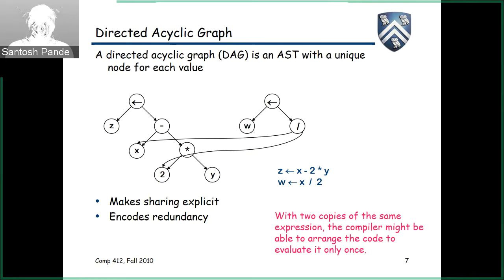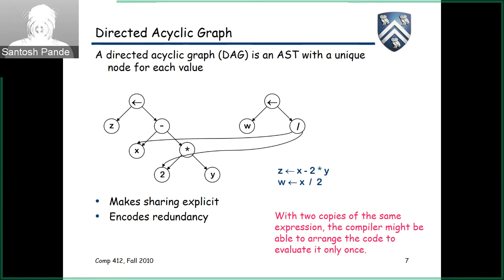So z equal to x minus 2 times y is represented, as you can see on the left-hand side, as an AST, and when it comes to the next expression, w is equal to x divided by 2, it is referring to the same operands x and 2, and that's why there are arrows from the node on the right-hand side to these two subnodes.